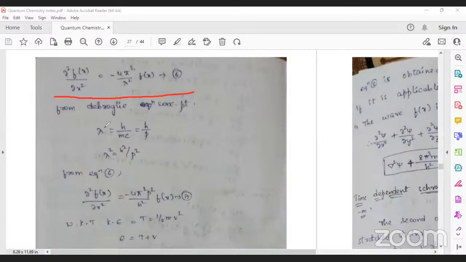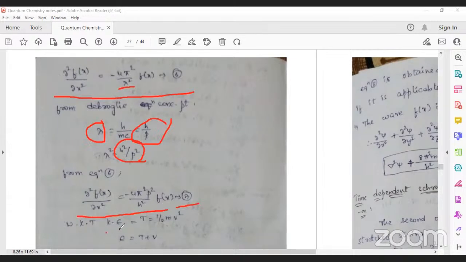But according to the de Broglie equation, lambda is equal to h by mv, or h by p. Therefore, lambda square is equal to h square by p square. Instead of lambda square, we are going to substitute h square by p square. So that becomes dou square f of x by dou x square is equal to minus 4 pi square p square by h square into f of x.